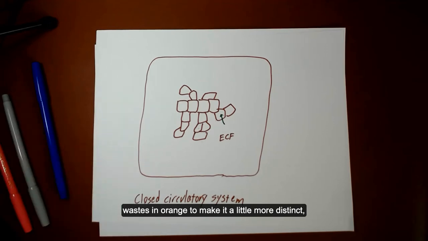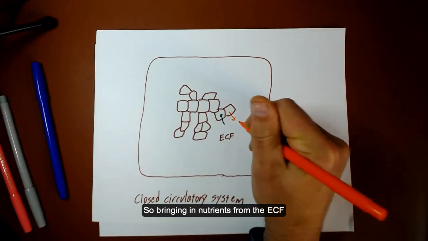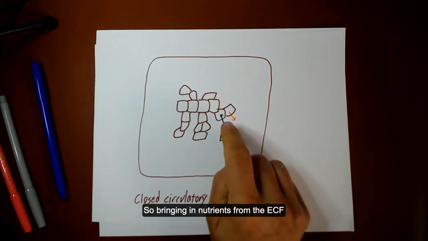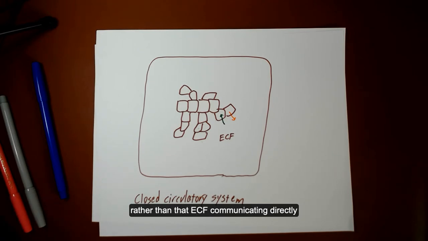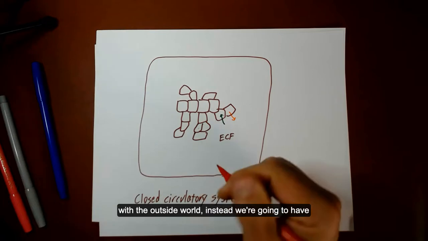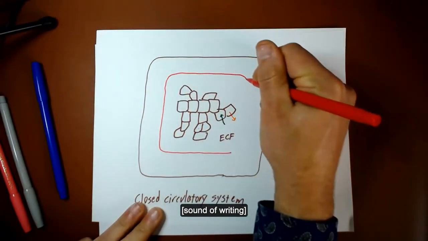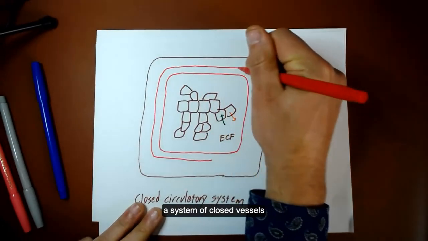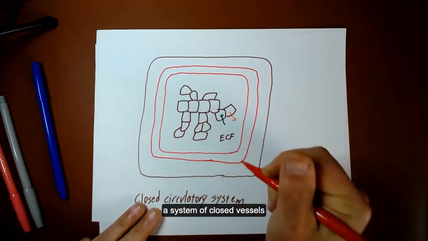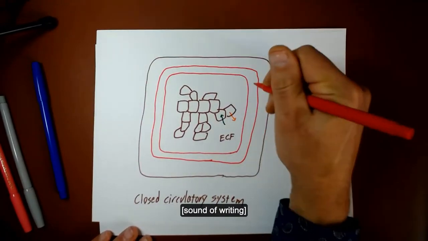Let's do wastes in orange to make it a little more distinct. So bringing in nutrients from the ECF and getting rid of wastes. In a closed circulatory system, though, rather than that ECF communicating directly with the outside world, instead, we're going to have a system of closed vessels carrying a special circulatory fluid called blood.